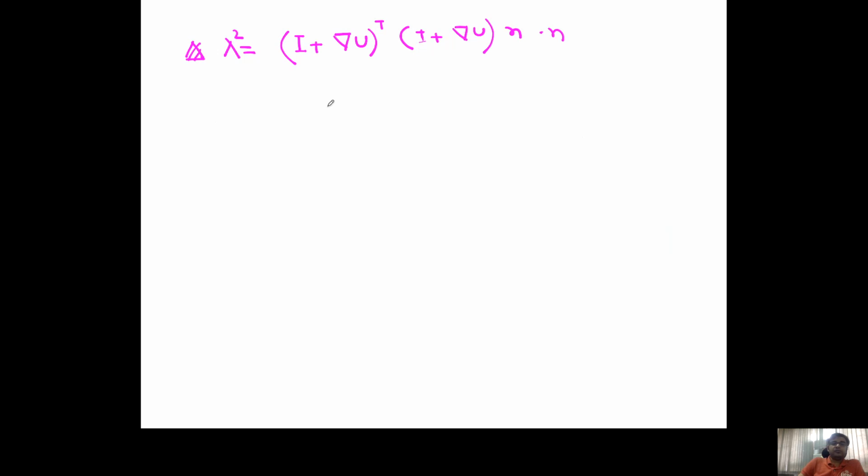Now I am going to do this multiplication, and that will give me I plus gradient of u plus gradient of u transpose plus gradient of u transpose gradient of u, right?